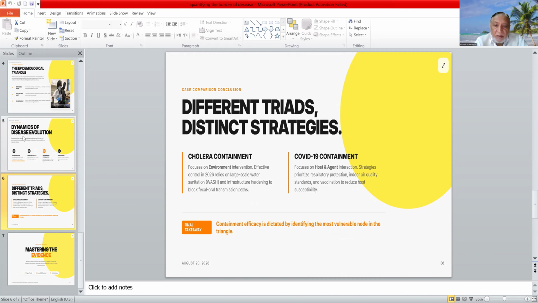Ultimately, the handle of the water pump was broken so that people could not collect water from that source, and the cholera was contained. Containment efficacy is dictated by identifying the most vulnerable node in the triangle.